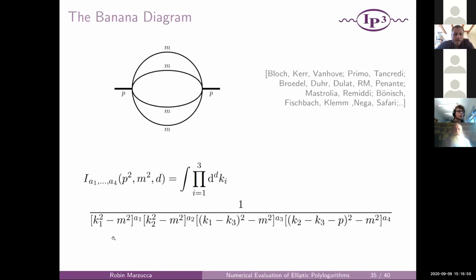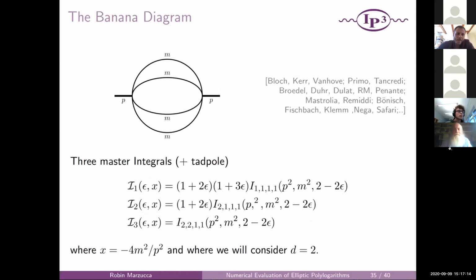So this corresponds to an integral family defined here. A1 to A4 are the exponents of the 4 propagators, and we want to integrate this over 3 loop momenta. And this integral family has 3 master integrals, 4 if you count the tadpole, which we can normalize to 1.